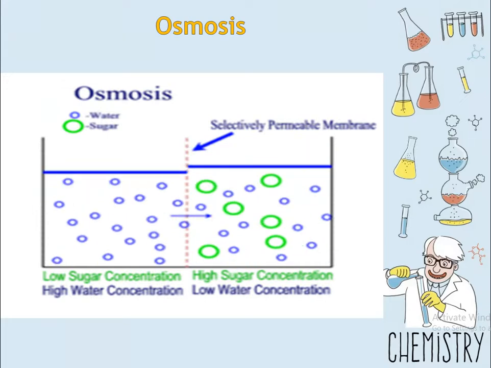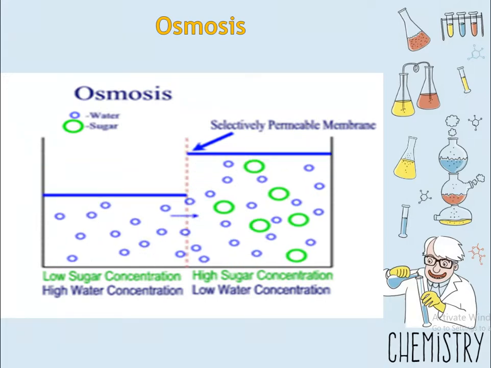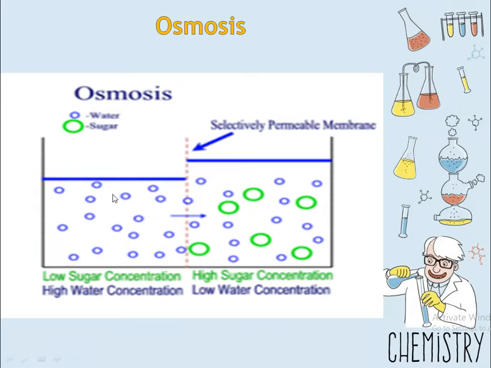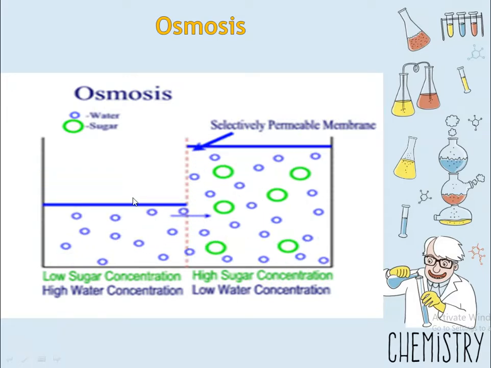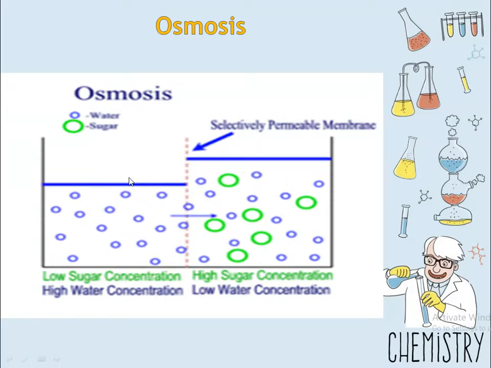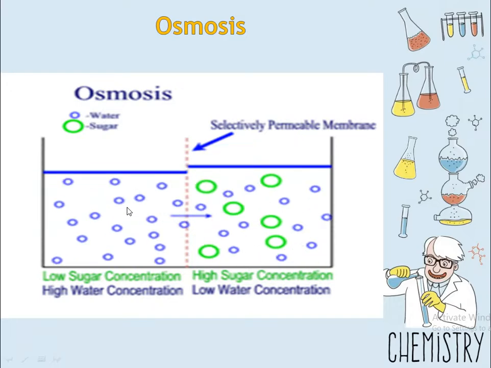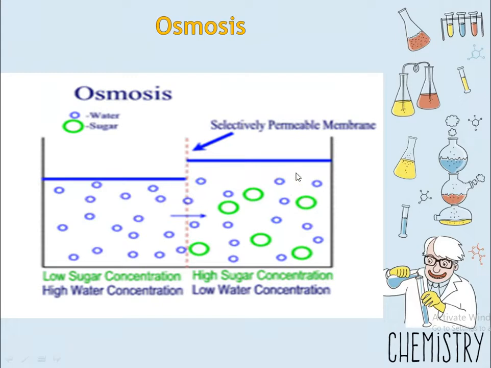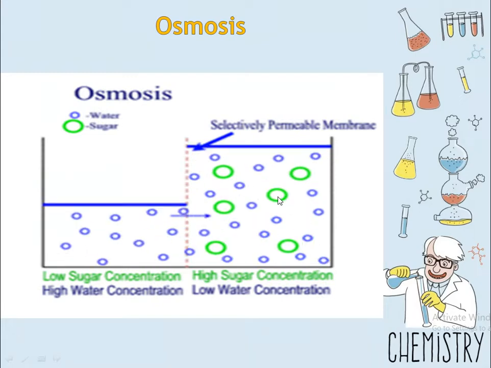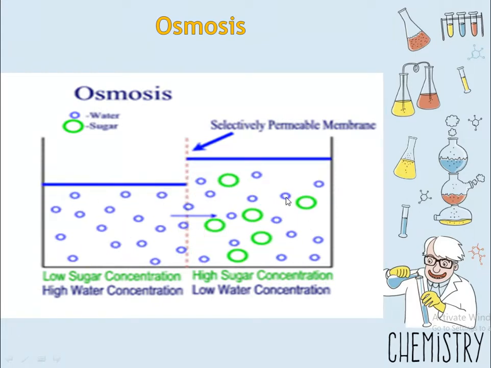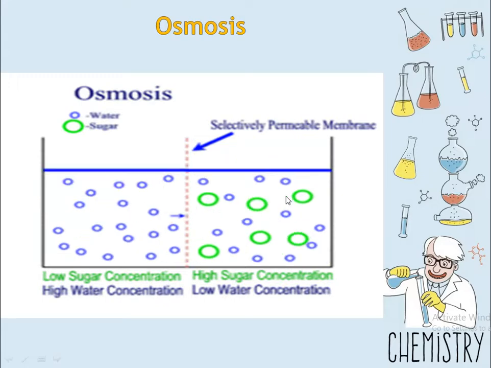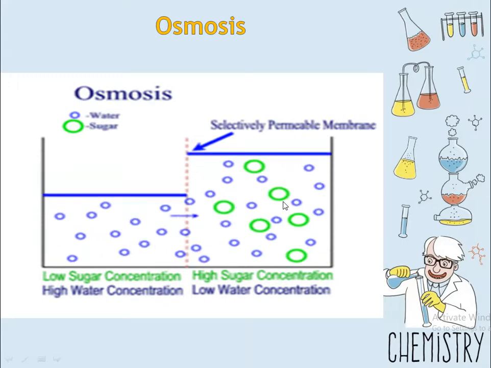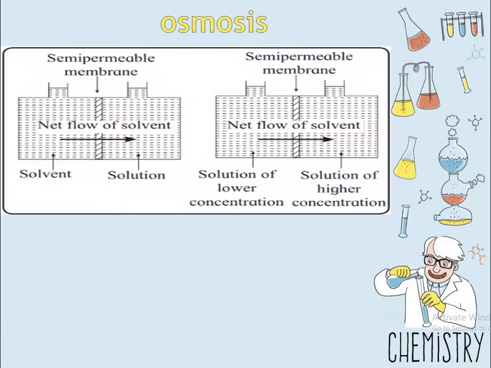As a result of osmosis, the amount of liquid on this side decreases, and the amount of liquid on this side increases, so the concentration decreases. Let us see this diagram.